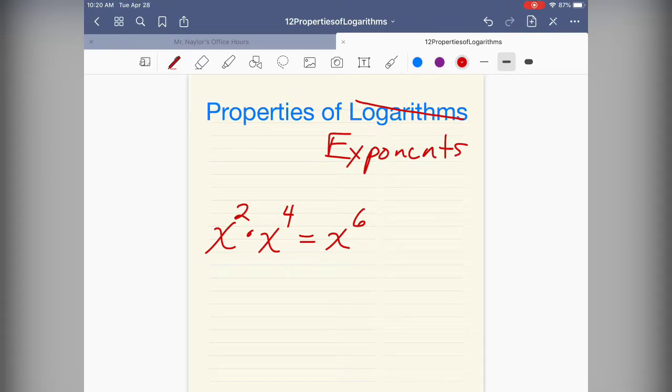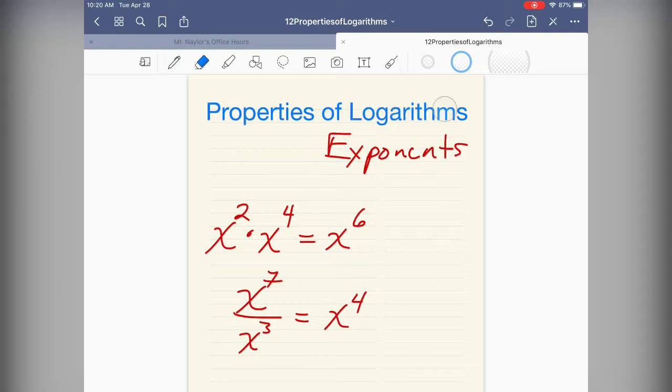And just like I hope we've come to know that if we're dividing, we subtract the exponents, it's going to be the same with logarithms. If we're doing a subtraction problem, then that would have come from division of logs. So properties of logarithms, well, yeah, they are actually the same as properties of exponents.